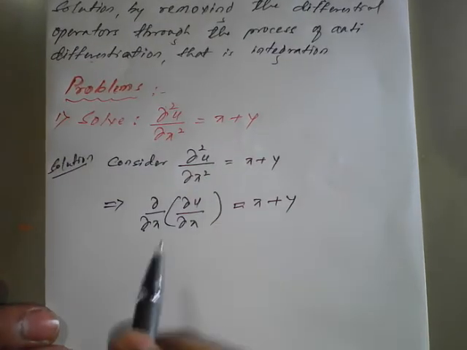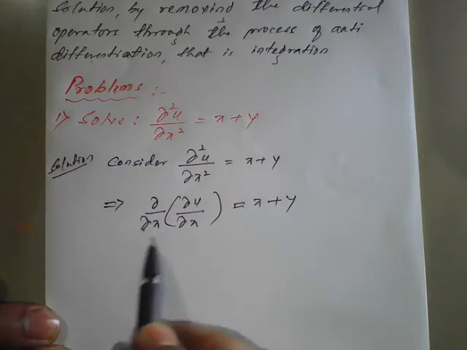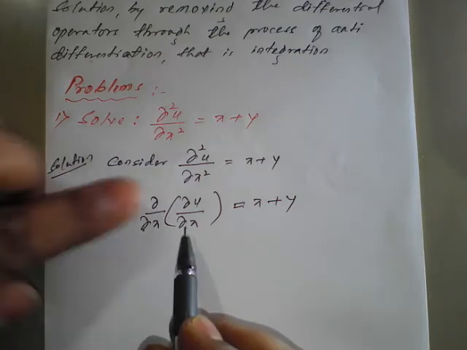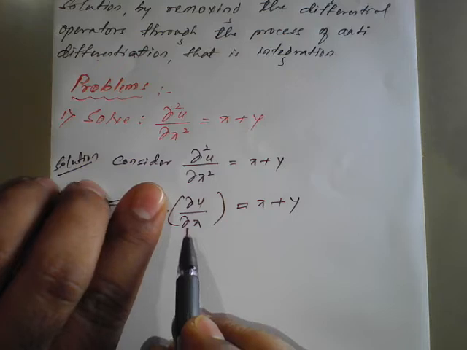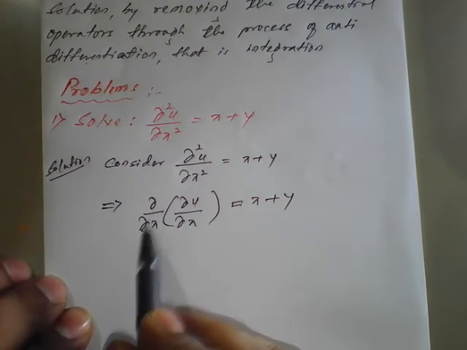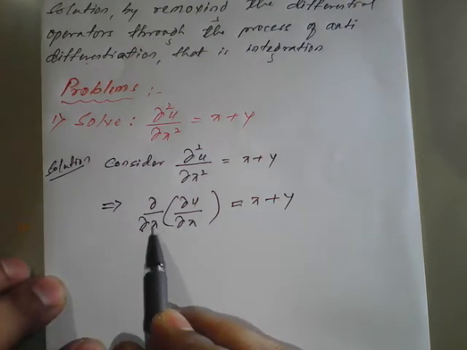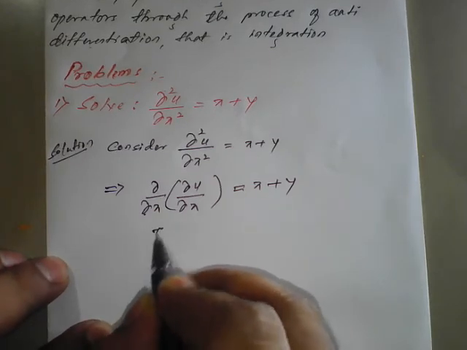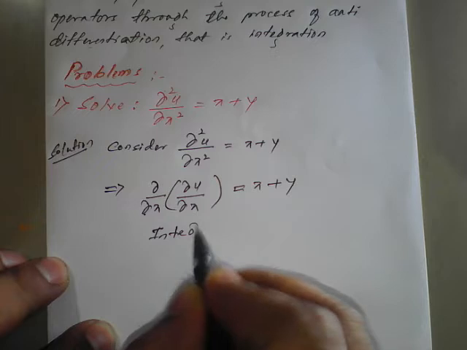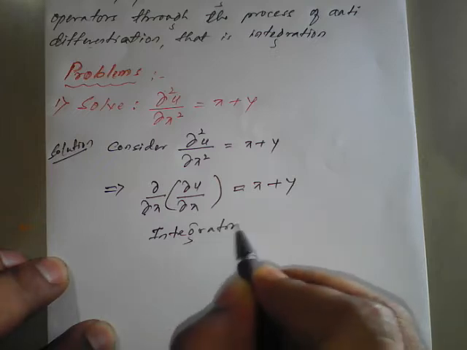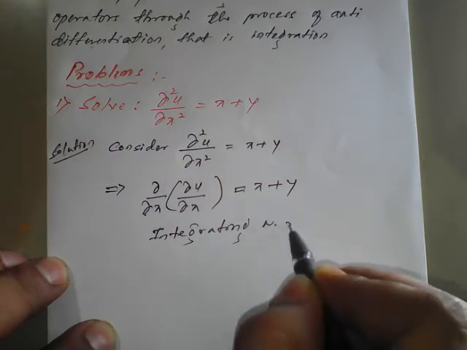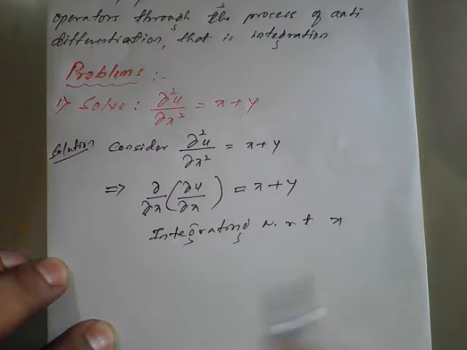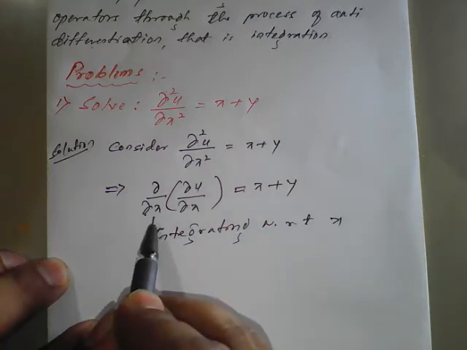Now I need to eliminate this ∂/∂x, I don't want this ∂/∂x. So to remove or eliminate it, integrate with respect to x. Why with respect to x? Because here ∂x is there.